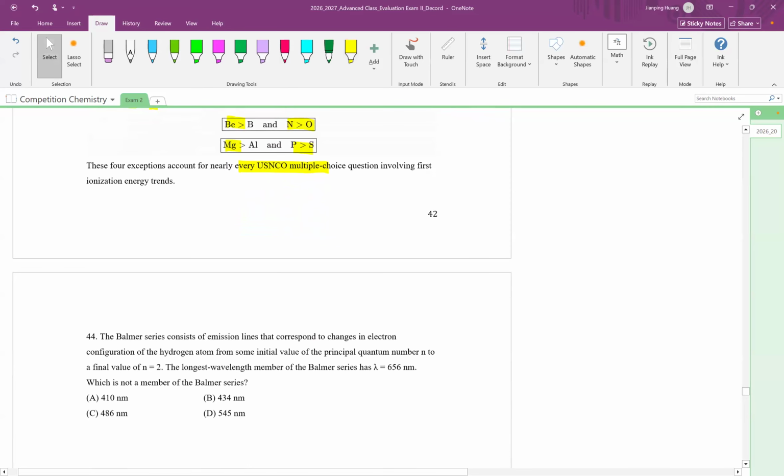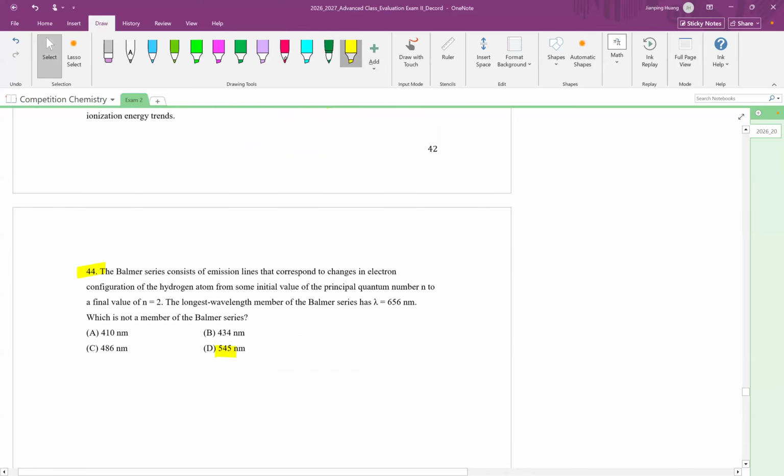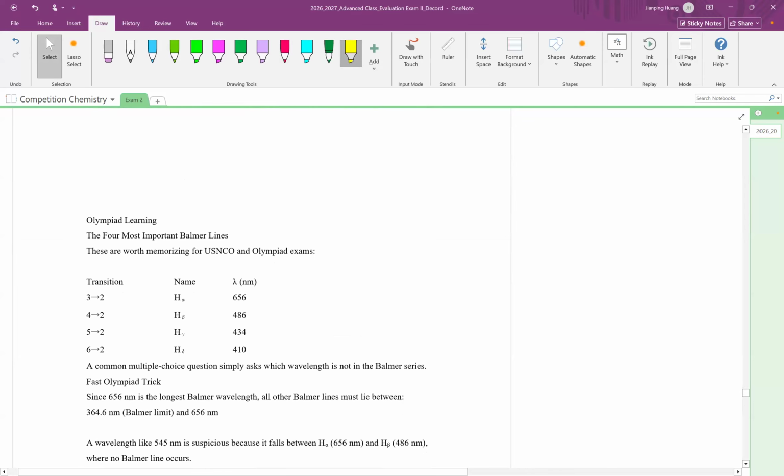This question, if you read my notes carefully enough, you should get it right. That should be this one. Why? Did you remember in the hydrogen emission spectrum in visible light, you have 4 lines. 6 to 2, 410. 5 to 2, 434. 4 to 2, 486. 3 to 2 has a very narrow gap, so the wavelength is longer.